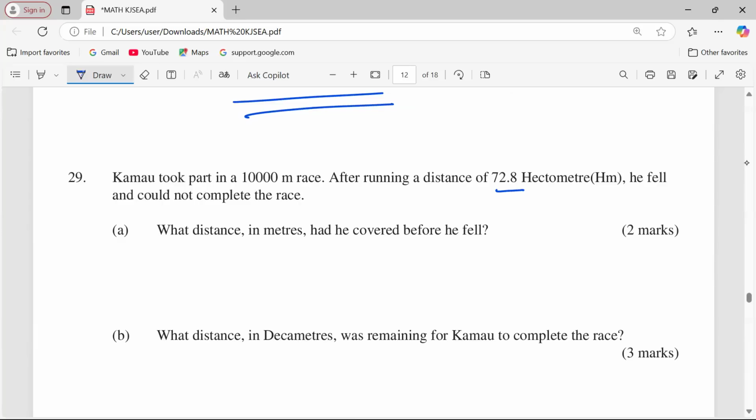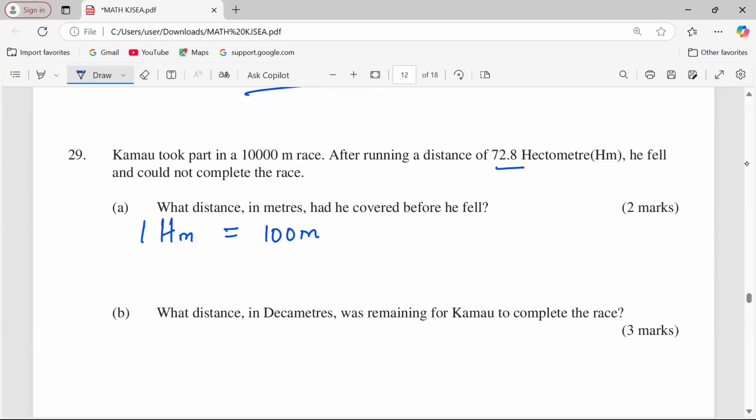We know that 1 hectometer is equivalent to 100 meters. What about the 72.8 hectometers which had been covered?